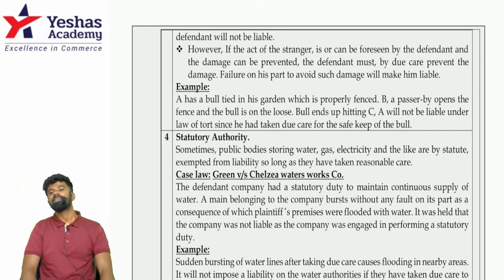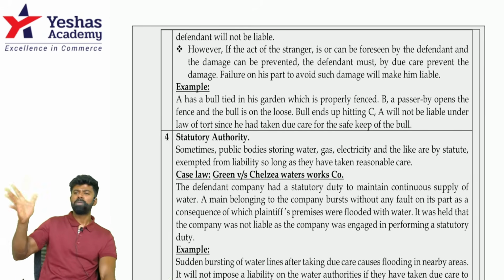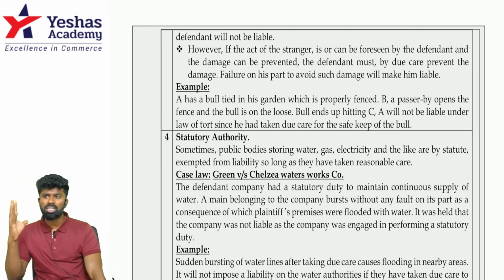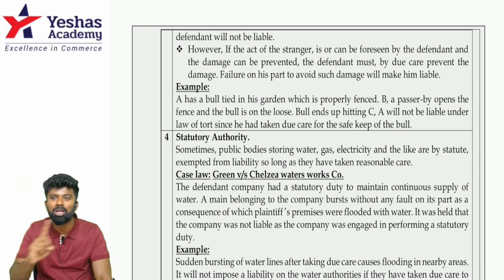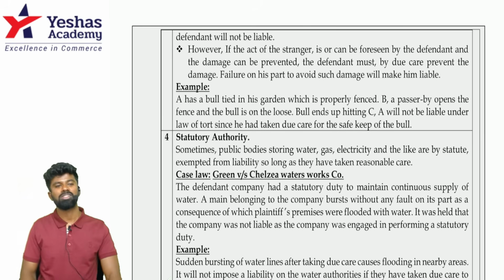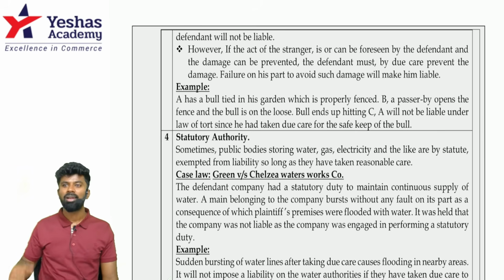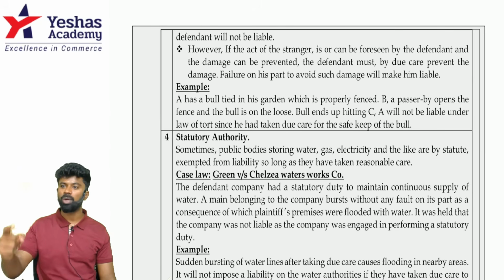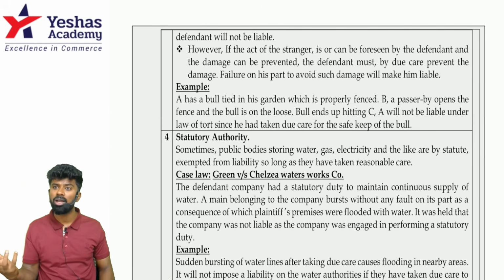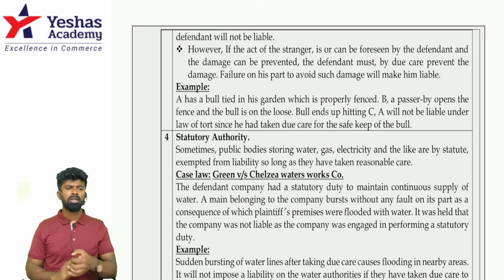Anyway, see, if the escape was due to the act of God, is the principle of strict liability applicable? What is act of God? Example, natural calamities, earthquake, volcanoes. All these are natural calamities.